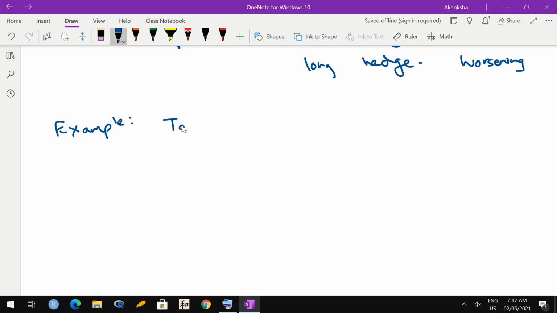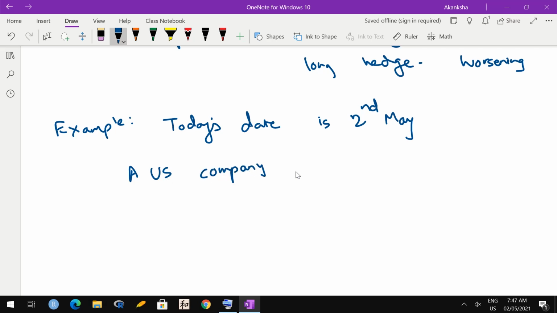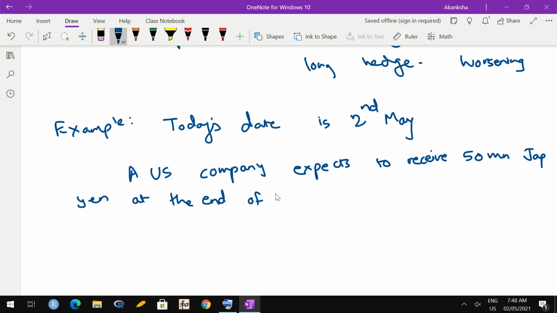Let us say today's date is 2nd May, and a US company expects to receive 50 million Japanese yen at the end of September.